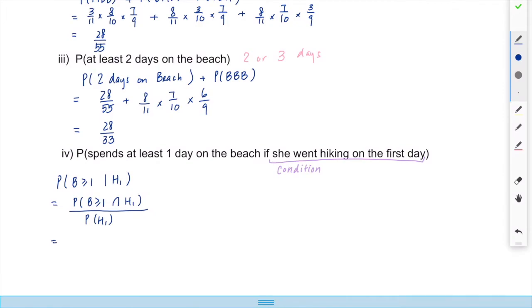We have P of HHB, P of HBH, and P of HBB. Okay. And out of P of H1. And this is 44 out of 45 if I use my calculator to do that.